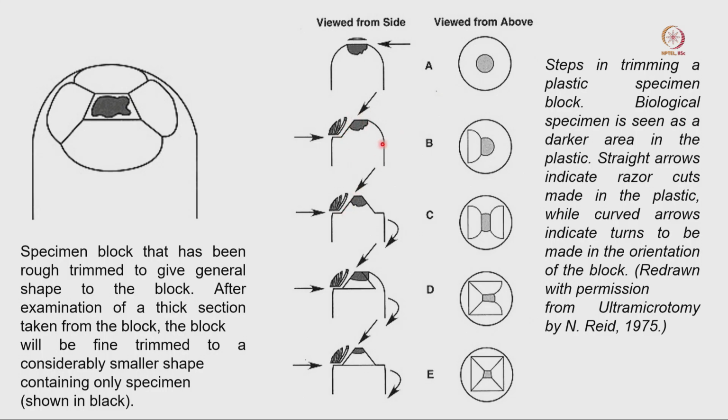Then we will target the other side and remove that side also. Now, in this particular situation, if you look at the sample from the top, you can see this particular position just removes a certain area. Then when you remove the other part of that plastic, you are removing this particular area. So, this one is the first one. Then C is correlated when you are removing this particular part as well as this particular part.